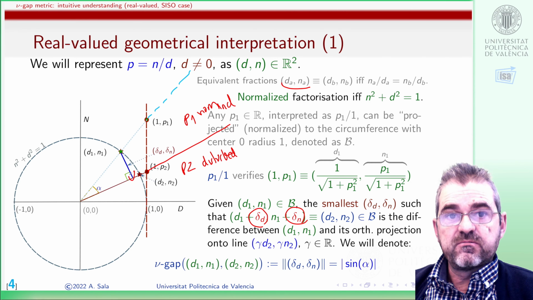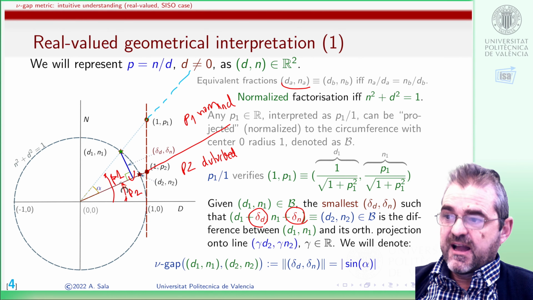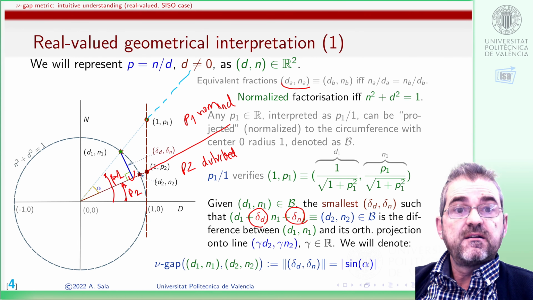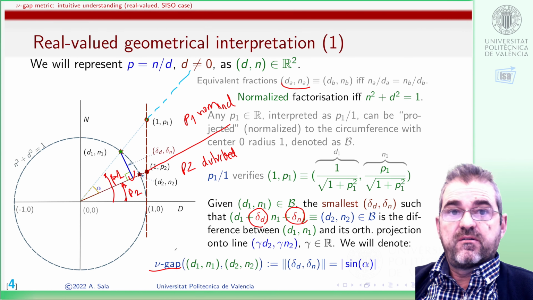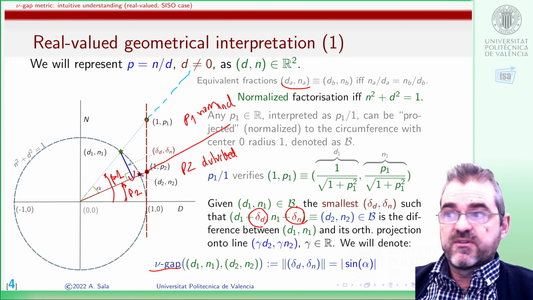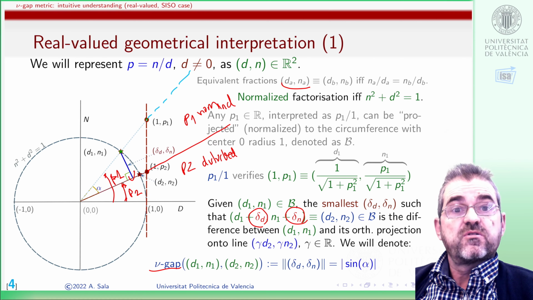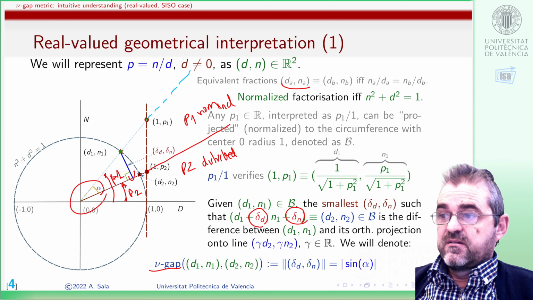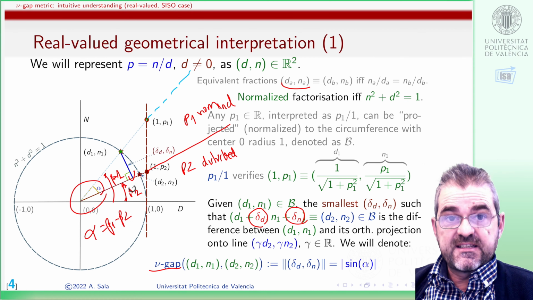So the actual number represented is the tangent of the angle of each of the lines, and the nu gap, the normalized coprime factor uncertainty associated to the difference between P1 and P2, is the sine of the angular difference between the lines. So this is it.